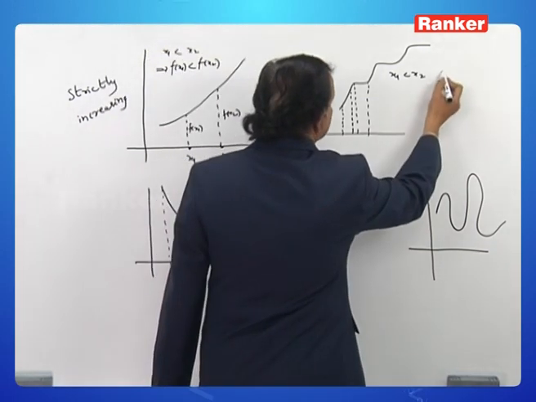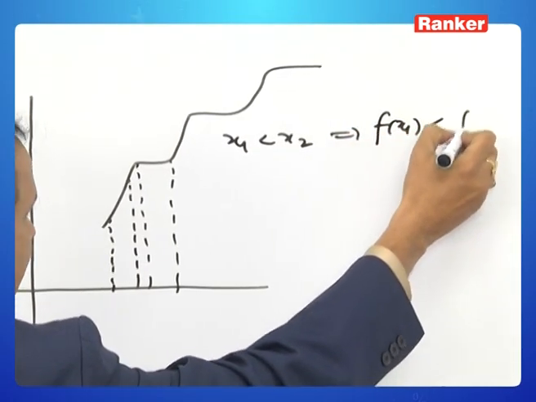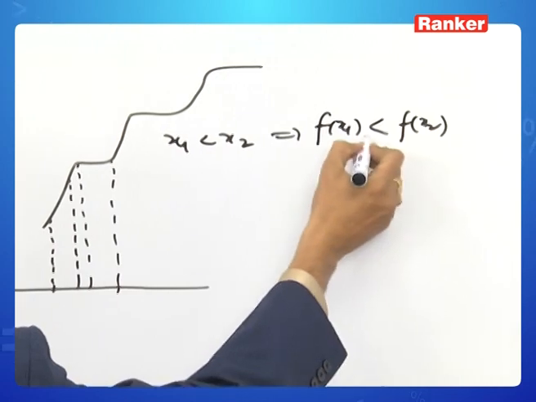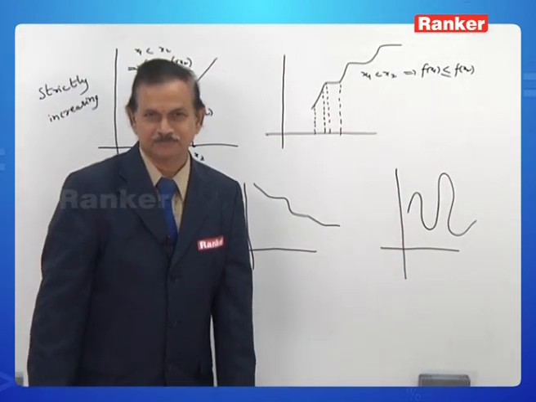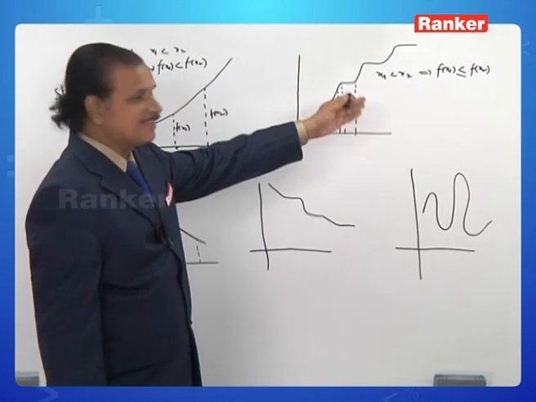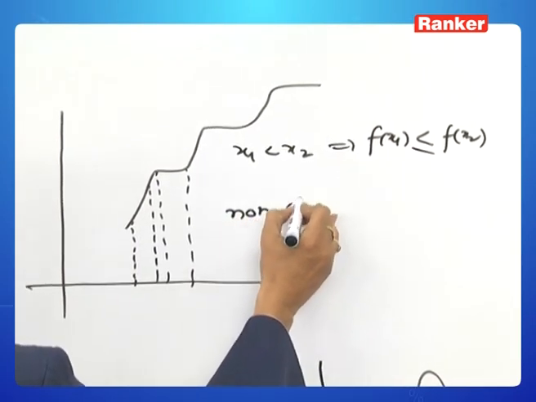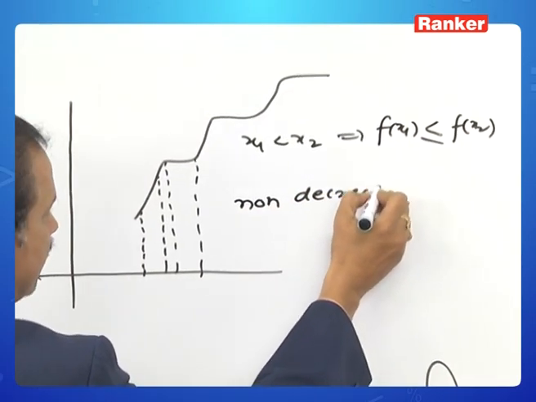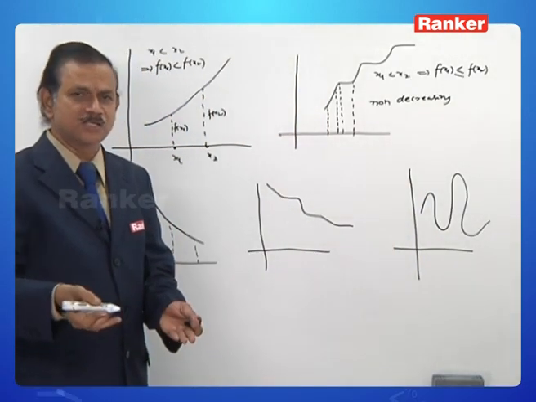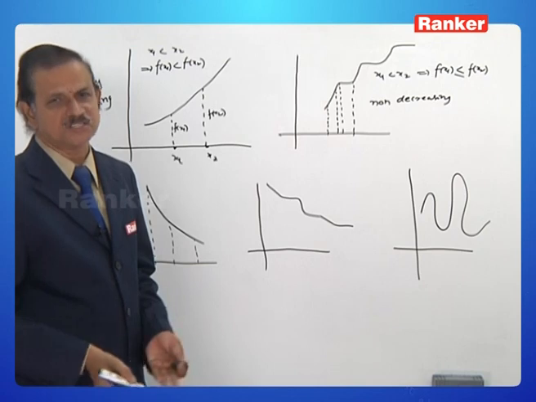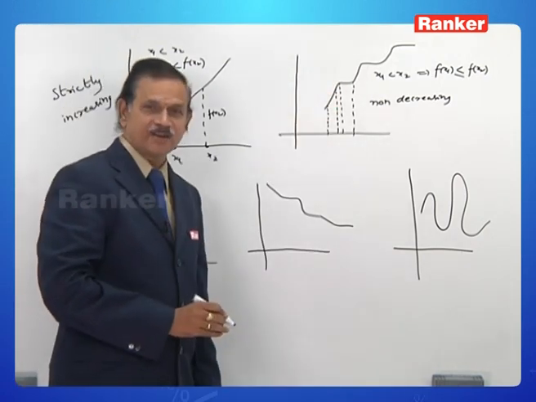So, x1 less than x2 implies f of x1 is either less than f of x2 or at most equal to f of x2, but can never be greater than f of x2. With that concept, we say that it is non-decreasing. No question of decreasing character. It at most increases or may be stationary in one particular region. That is why we call it non-decreasing.